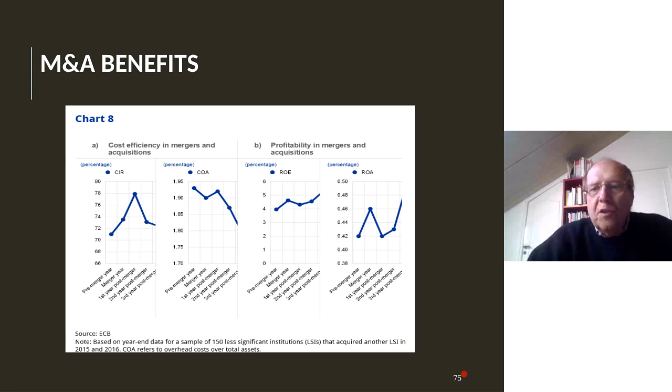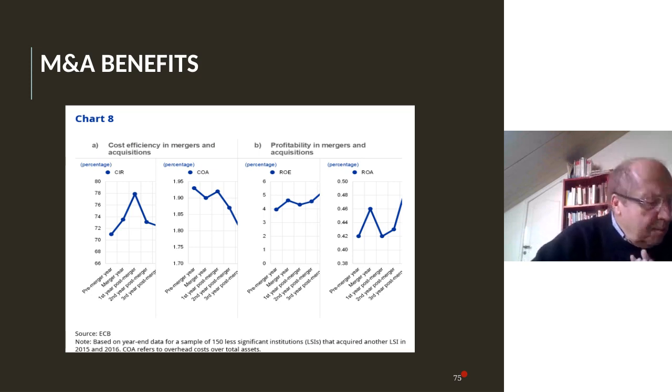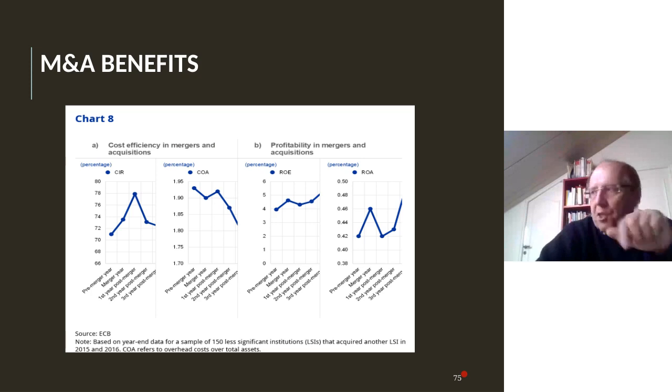So you have some examples of how it works. I don't know if the chart is very visible, but it's a chart coming from an ECB recent publication on the merit of the mergers in Europe. Because the ECB wants to have more bank mergers in Europe.